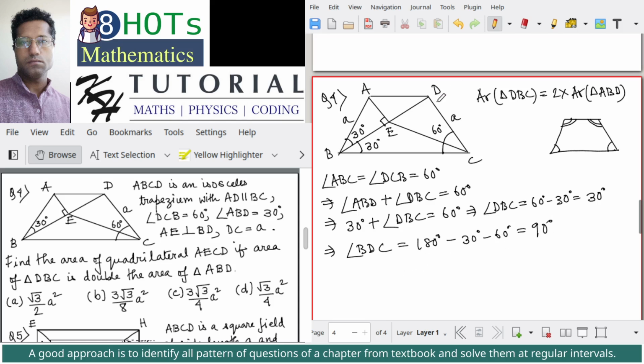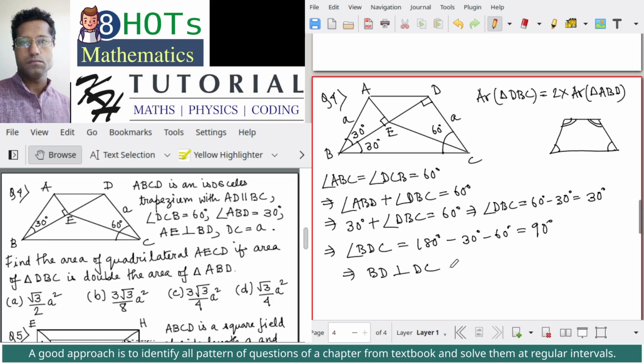Okay. So BD must be perpendicular to DC. So this implies BD is perpendicular to DC.